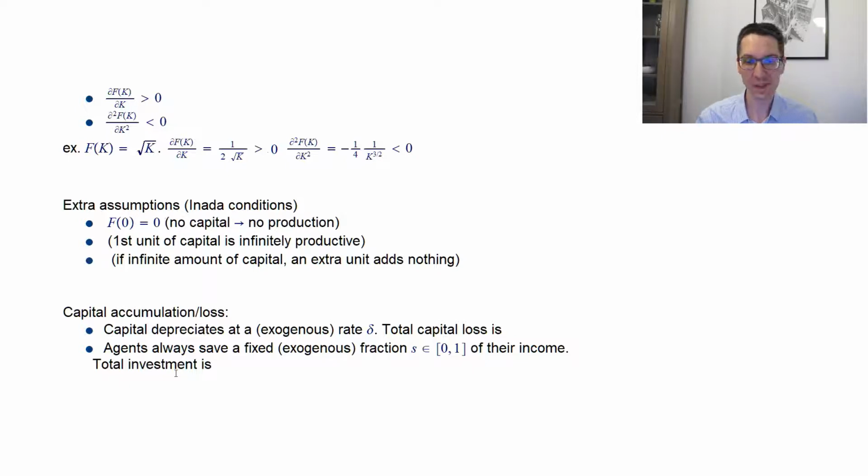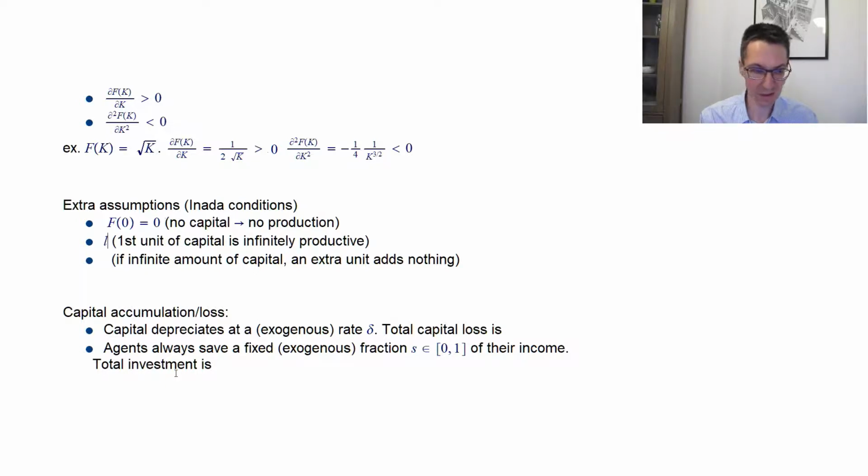All right. And now the maybe tricky assumption is we're going to say that the first unit of capital is infinitely productive, or has an arbitrarily large marginal productivity. So this again is going to make sense down the road. For now just take my word for it. So how do I write this? I'm going to use limits.